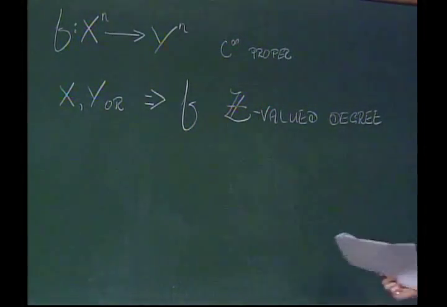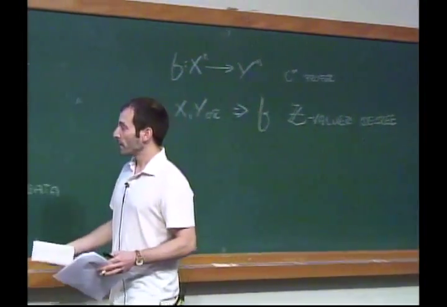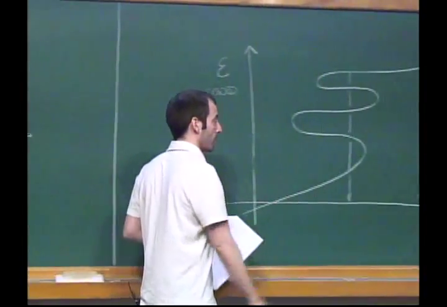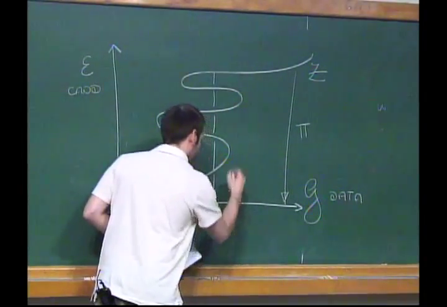Now, why should the degree be important to us? Well, if we take a look at this picture here, and we take a look at some data point, G, here.